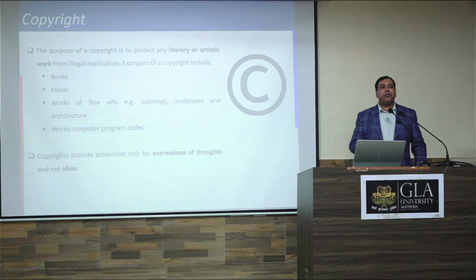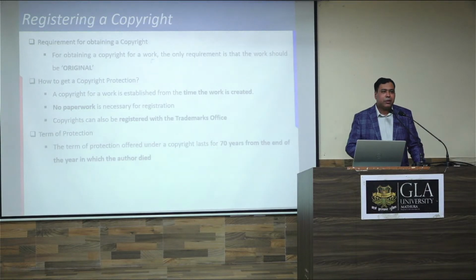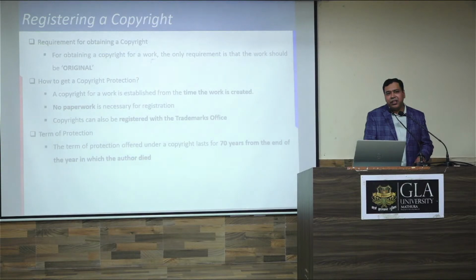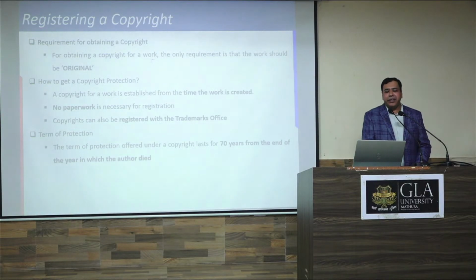Now, what is a way to file a copyright? The primary requirement to file a copyright by the Trademark and Patent Office in India is it has to be original. If your literary work or artistic work is original, it could be copyrighted. Now there are two ways to file a copyright.